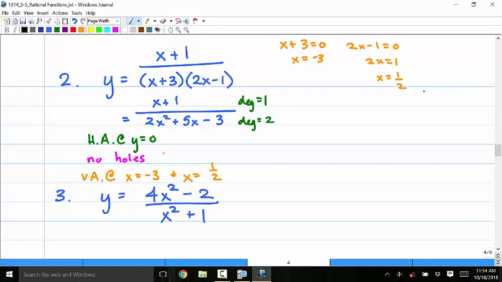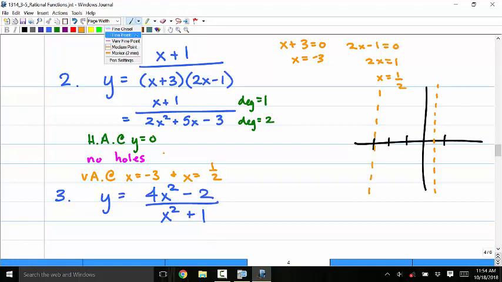So to go graph it, x equals 1/2 is a vertical asymptote. x equals negative 3 is a vertical asymptote. And y equals 0 is a horizontal asymptote.